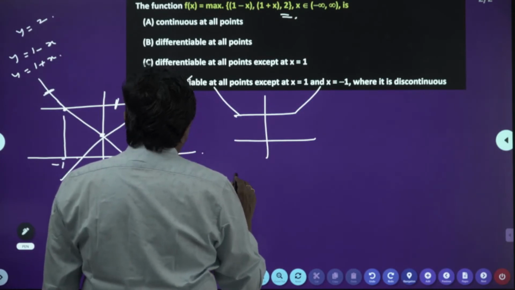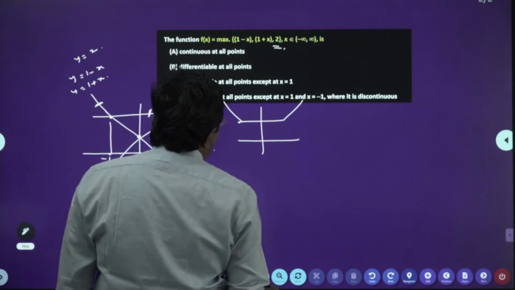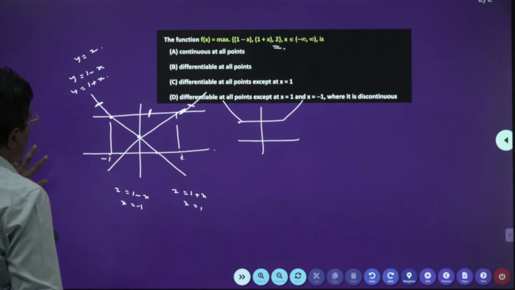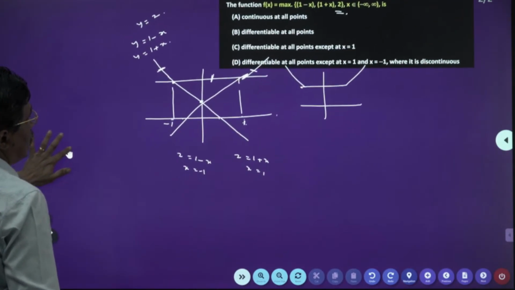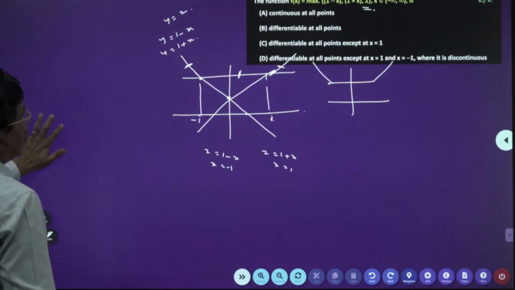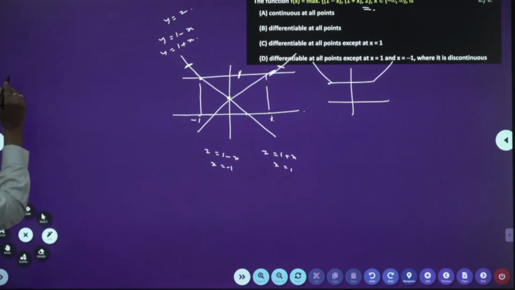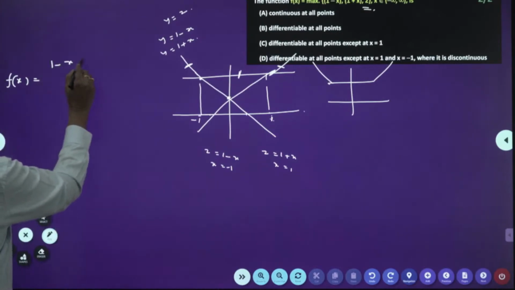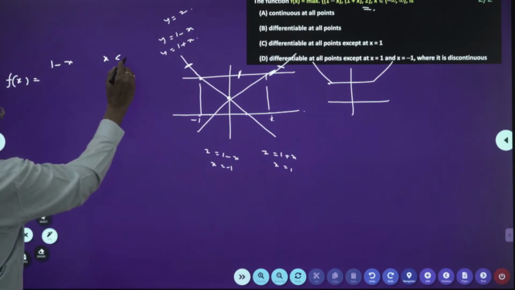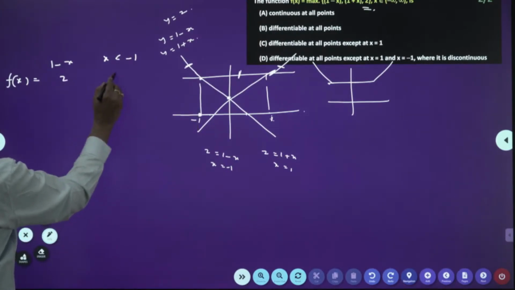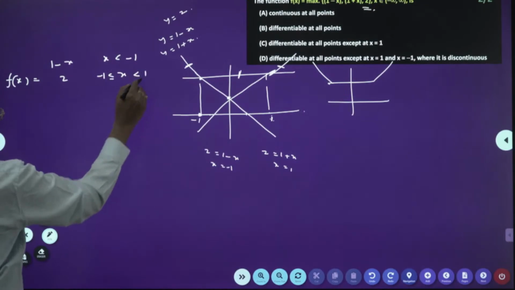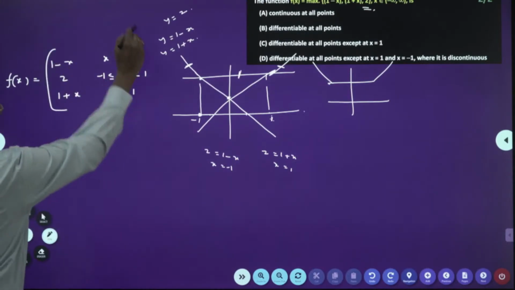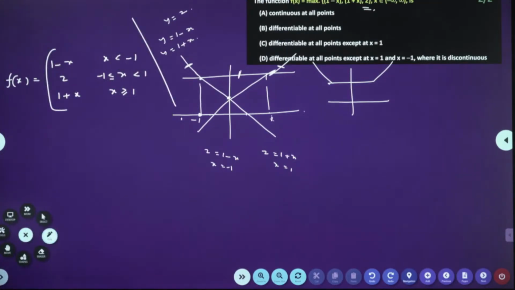So we can write the function f of x as 1 minus x for x less than minus 1, equal to 2 for x lying between minus 1 and 1, and equal to 1 plus x for x greater than or equal to 1. So the function is essentially this.